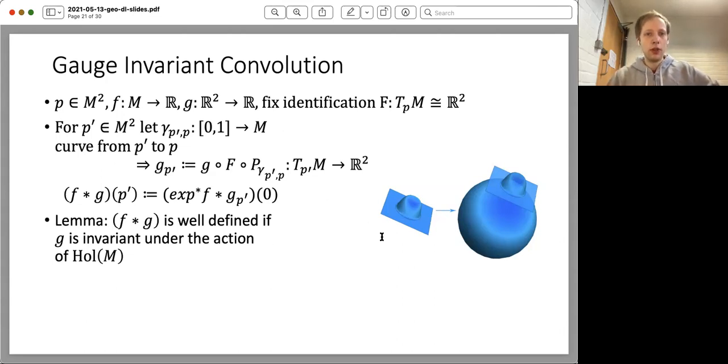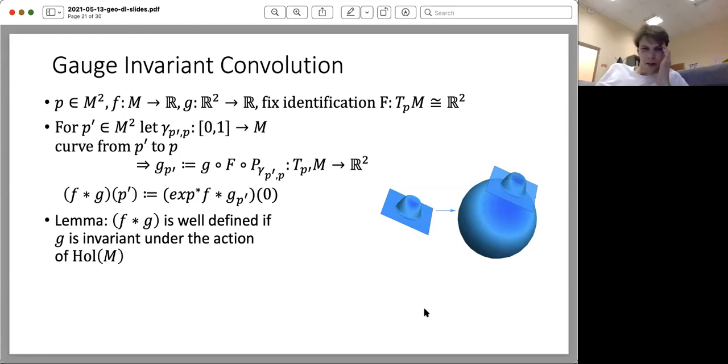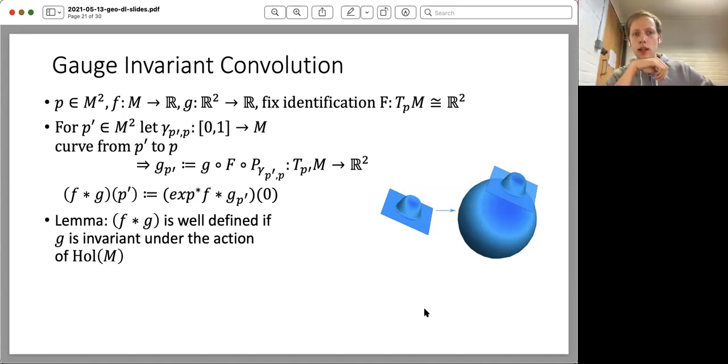Does that make sense? Any comments or questions on the gauge invariant convolution? Does it depend on this big F? Yeah, I guess technically it does.